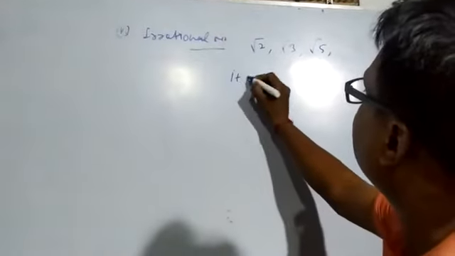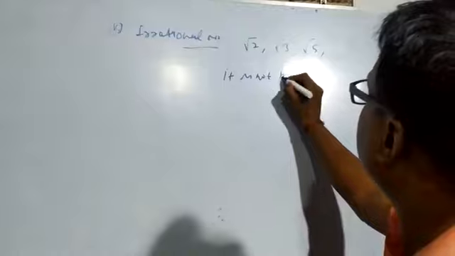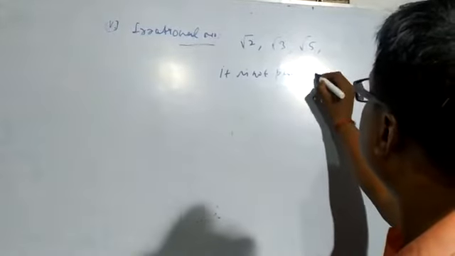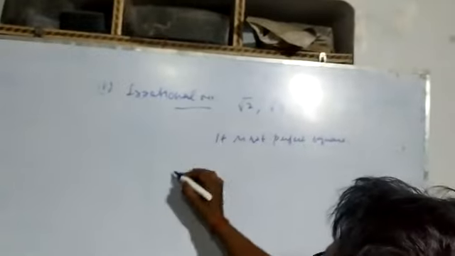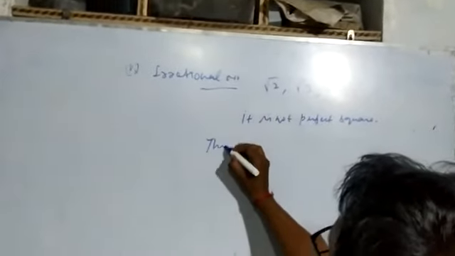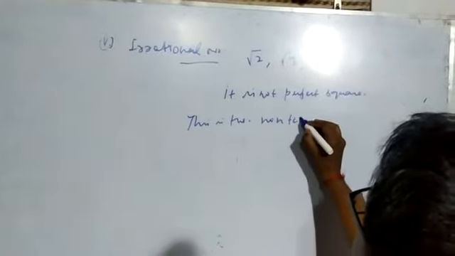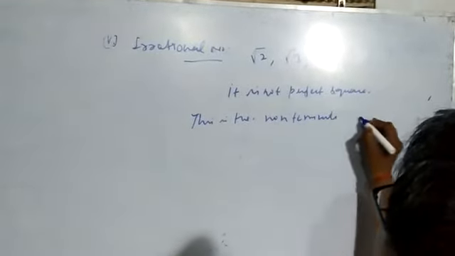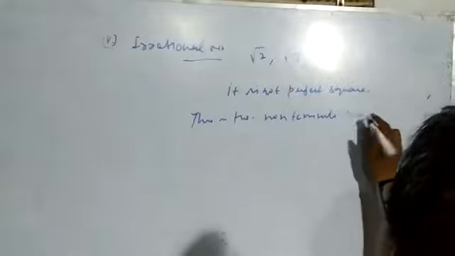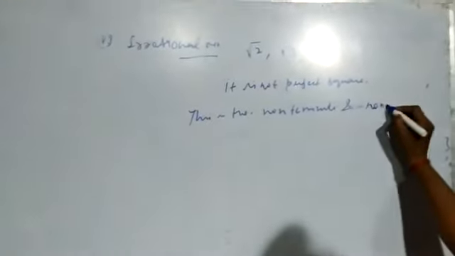These are not perfect squares, and we can say these are non-terminating and non-repeating.